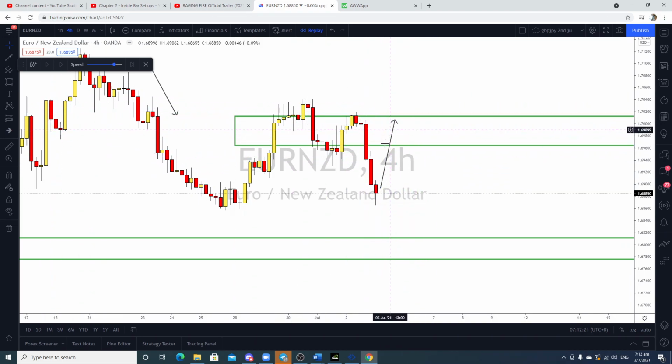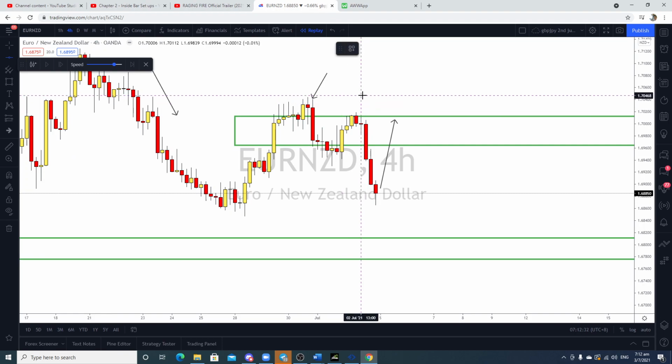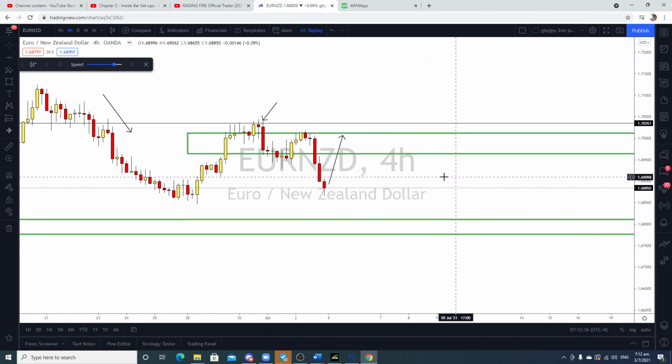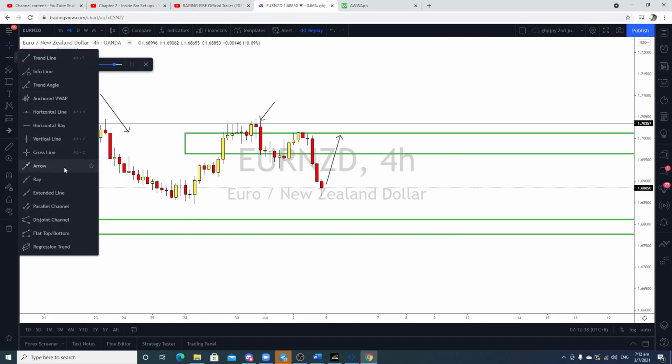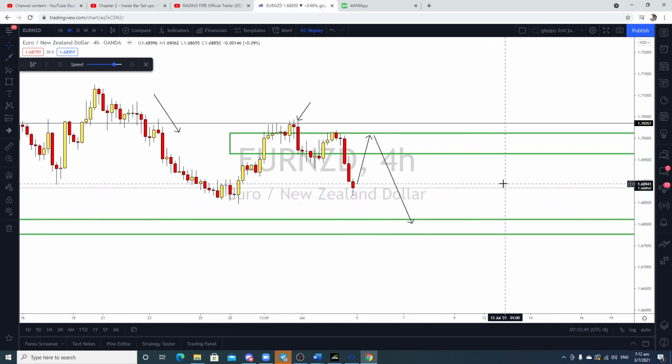Usually I like to enter when price goes up and then shows me shrinking momentum of the buy, then I will enter the sell, and the stop loss will be above this level, should that happen next week. So for Euro NZD, I'm looking for a sell, and the take profit level will be at 1.68. Okay, so that is the engulfing setup.